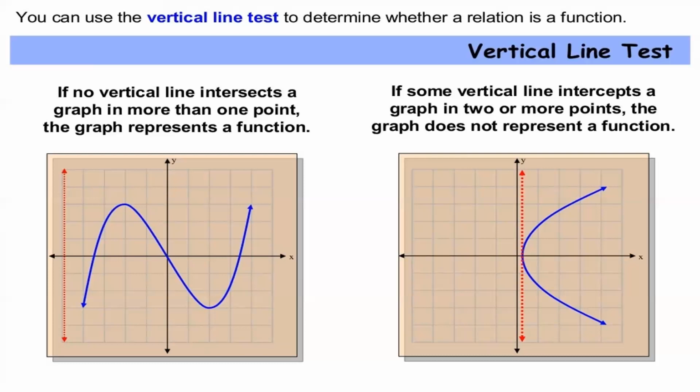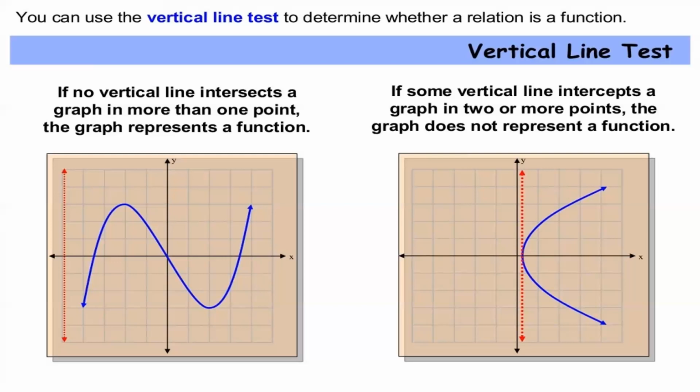As you observe, we have this vertical line test. Just get your ball pen or pen, or any stick, and form it like a vertical line, just like the red broken line, and then move it from the negative x to the positive x.